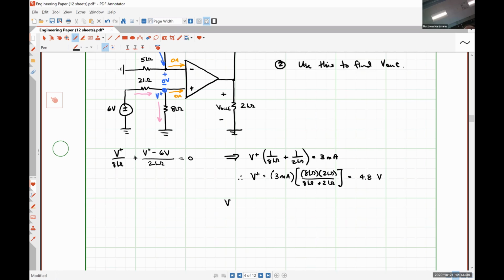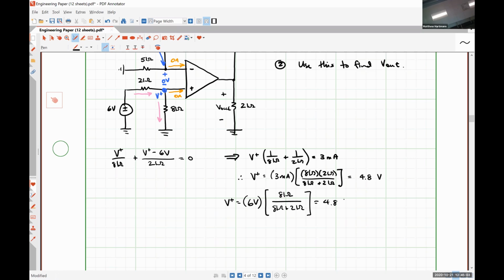V plus is equal to 6 volts multiplied by 8 kilo ohms over 8 kilo ohms plus 2 kilo ohms. So what is 6 times 0.8?